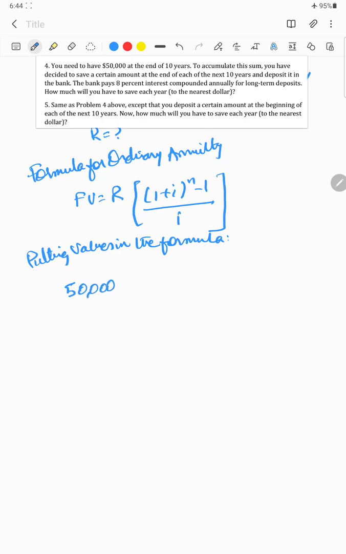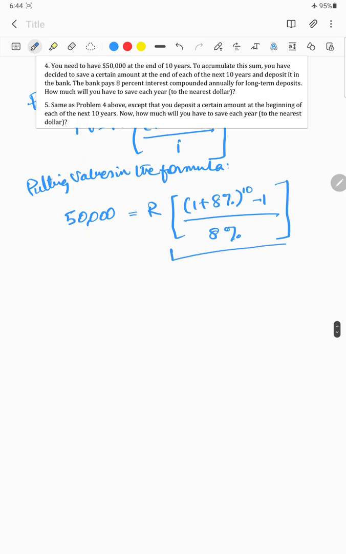Future value is 50,000. R we don't know. 1 plus I is 8%, power 10, minus 1, upon 8%. So if we solve this equation, this will come out to be 14.486.